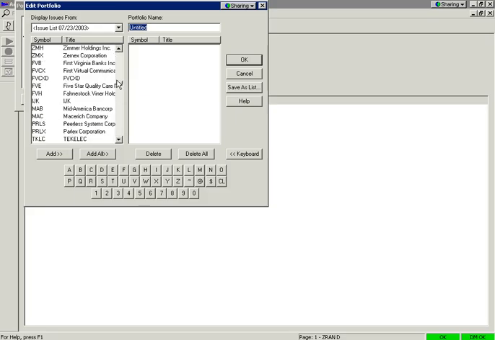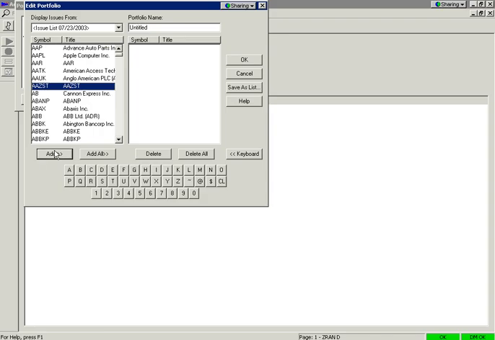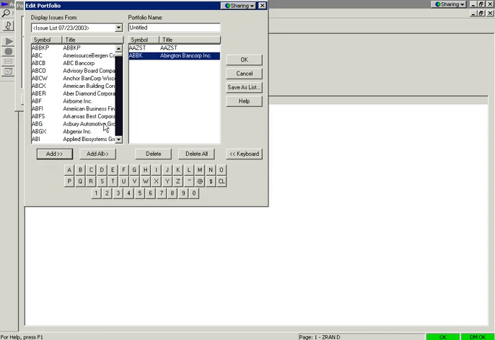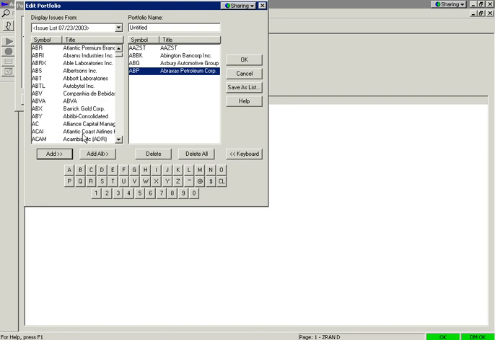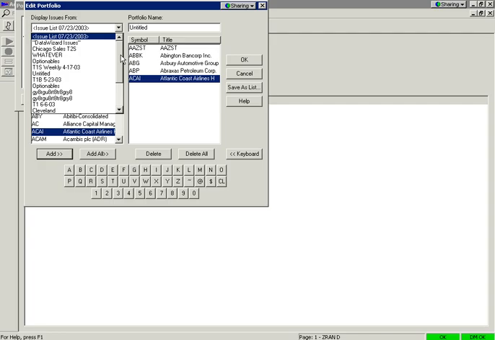And up will pop the list of all the available symbols that you have in your Get program. You can do several things here. You can begin finding symbols and adding them one by one, which I'm doing here now. Or, if you have a list on your computer somewhere in a text file, you can actually import a text file into Advanced Get and use that to build a portfolio.